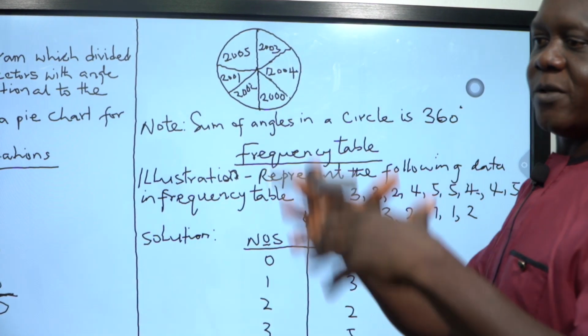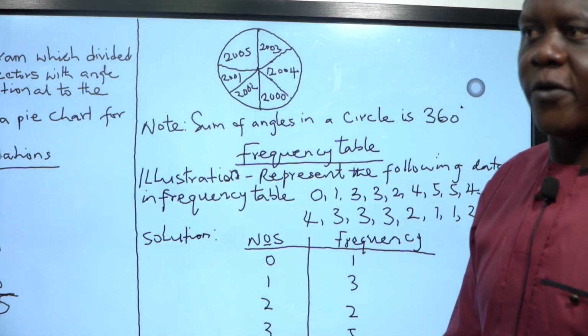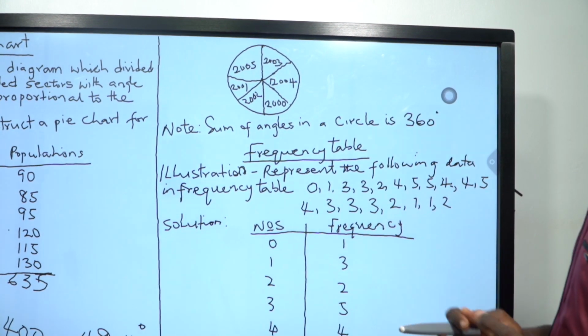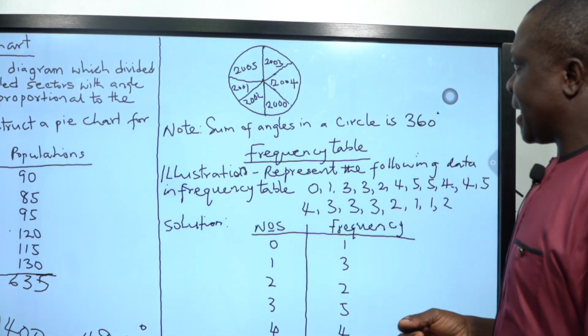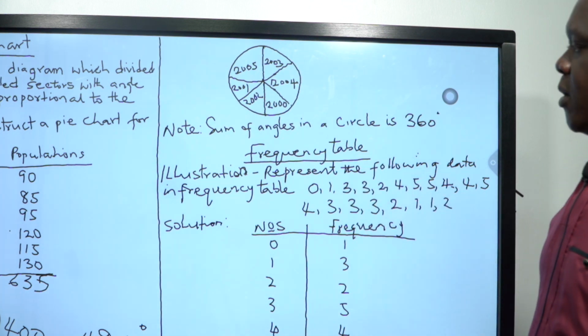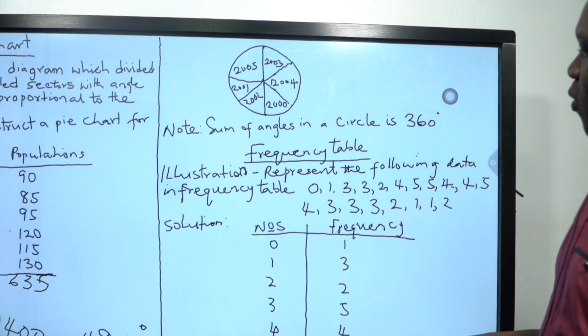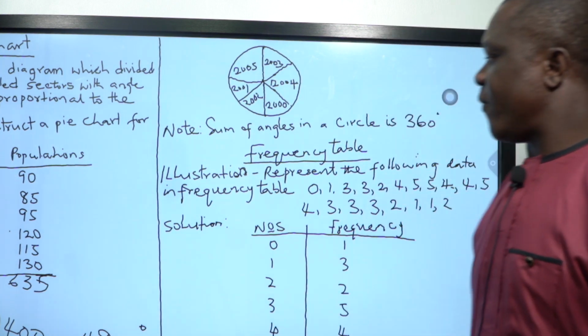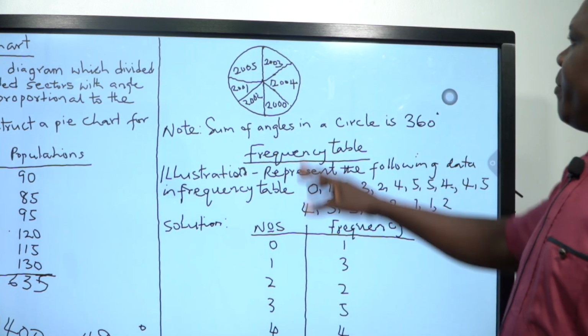If you like, let it be as big as this classroom. If you like, let it be as small as your palm. But one thing that is important is that you will use a protractor to measure the exact amount, like here we have 49.4. You will measure it.